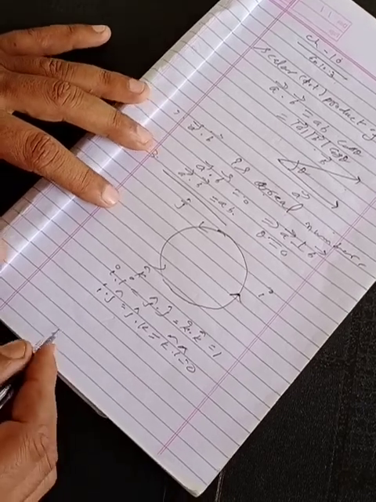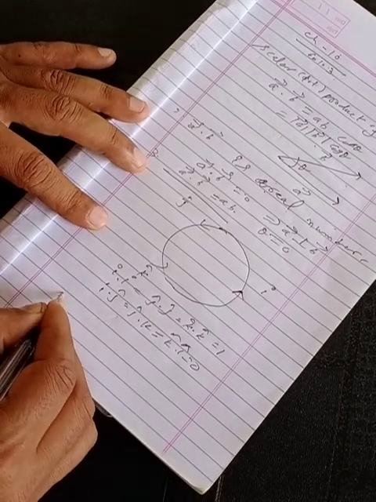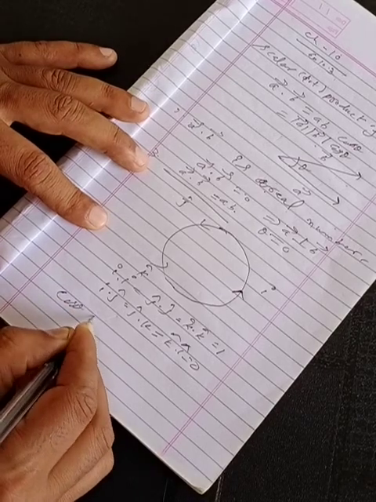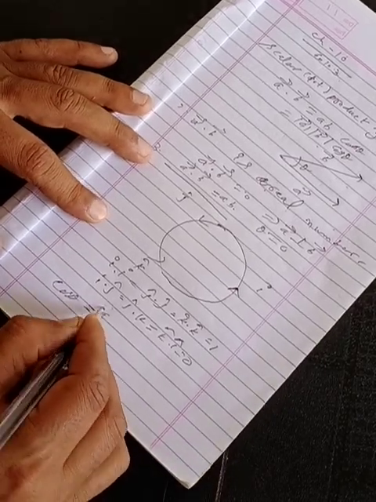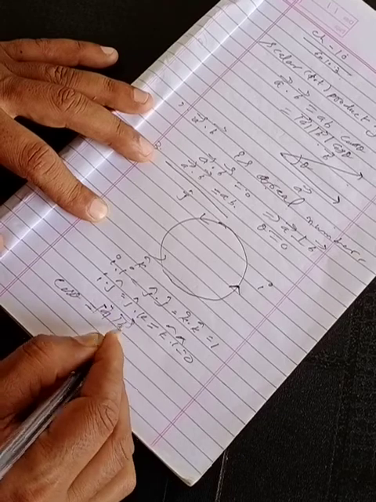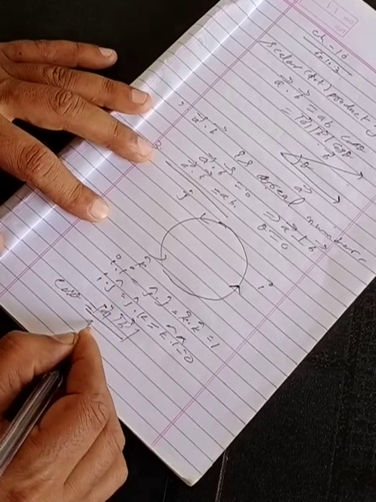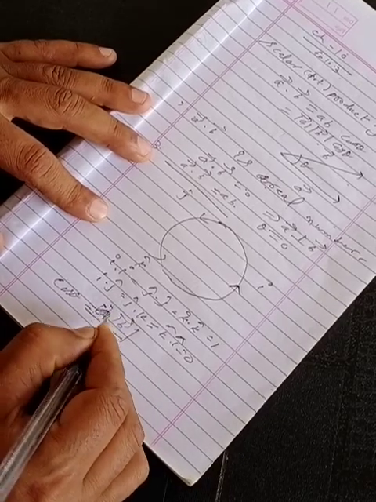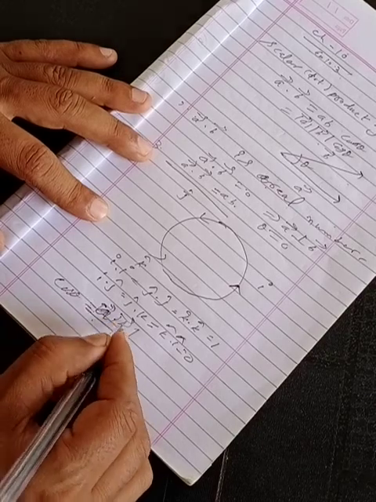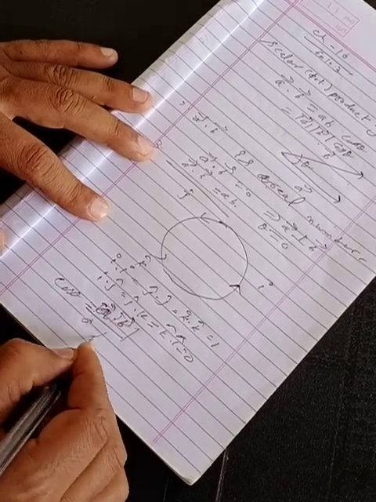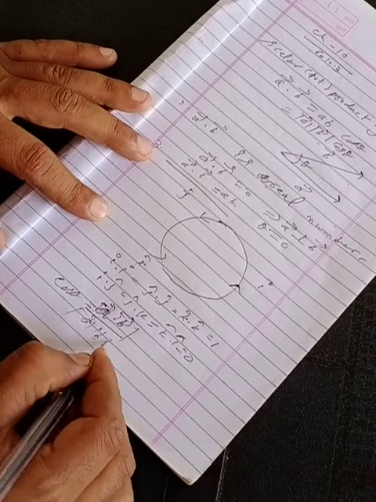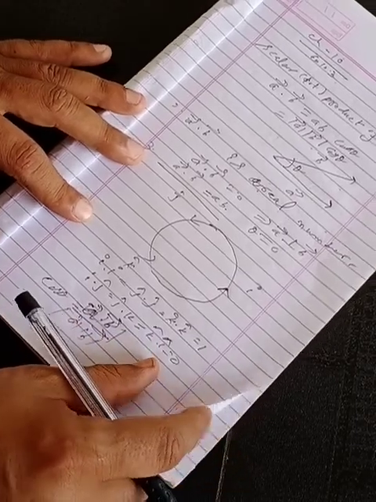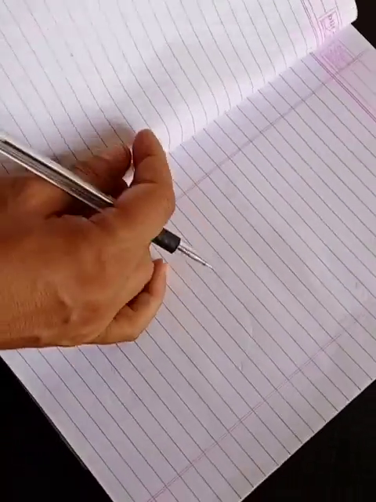Sometimes you have to find cos theta, so it will come as a dot b upon ab, or mod of a times mod of b. You can understand that I am finding this formula from the basic formula.